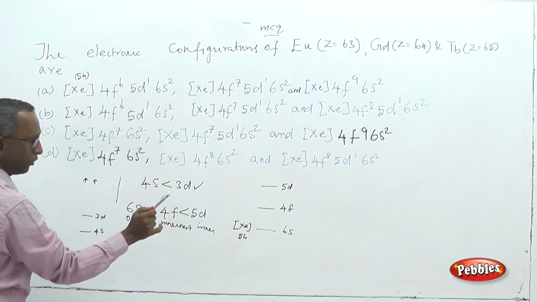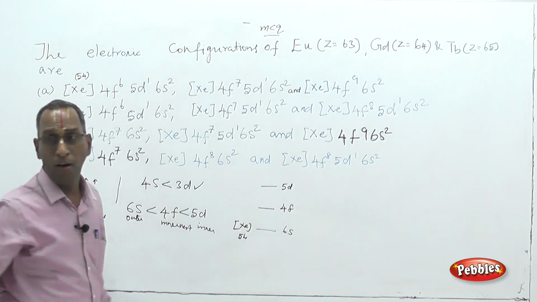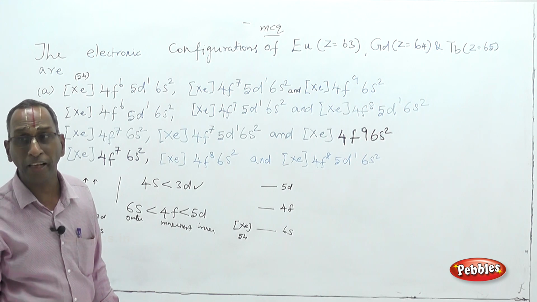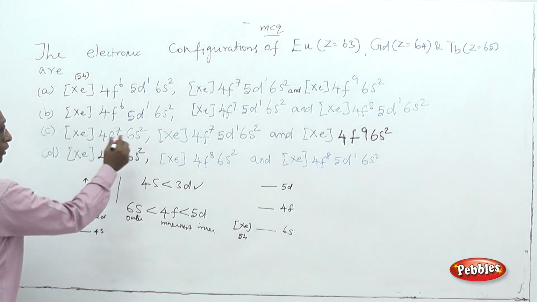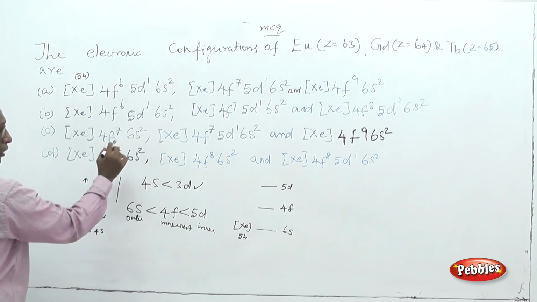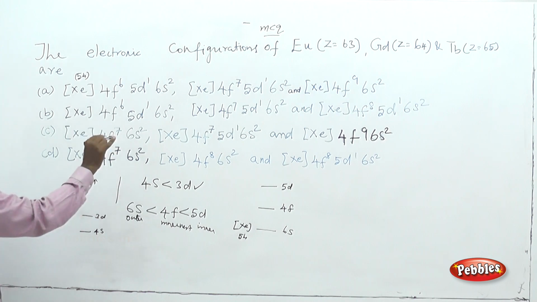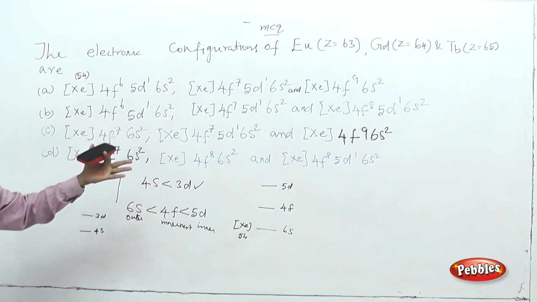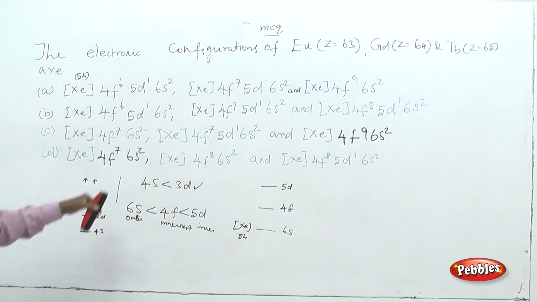Balance 7 electrons go to the next higher level, the 4f level. The f orbital has 7 orbitals, and they tend to remain unpaired. Hund's rule is also to be followed. So in this way, it is correct: 6s and 4f. The 5d orbital is there, but it is empty, not filled with electrons. This is the case of europium.